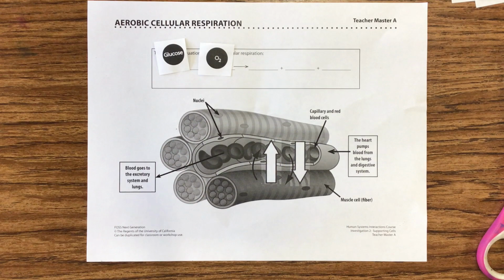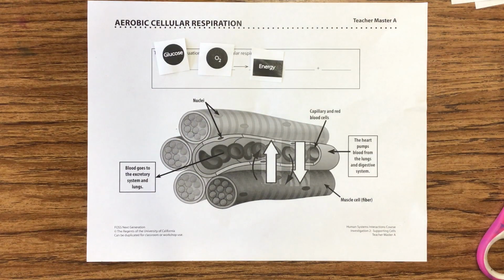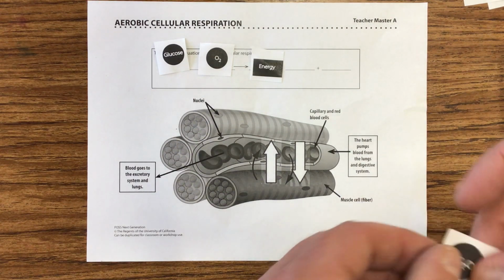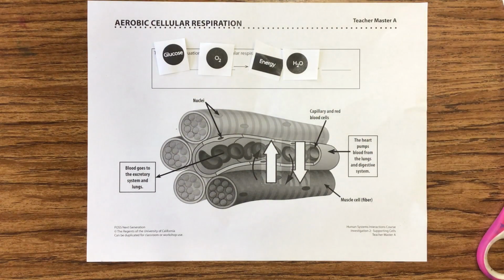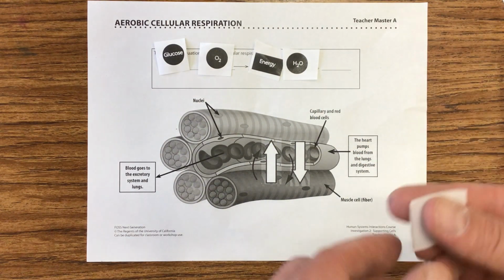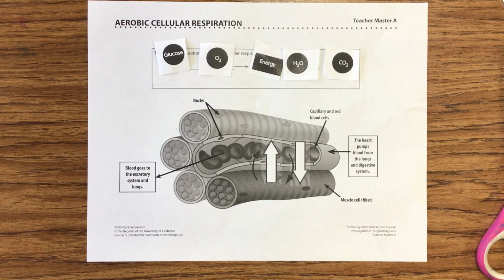And those will go together inside of each cell in a chemical reaction to produce energy. And then some waste products. There's going to be some waste water, and there's going to be some smoke from your cellular fire. There's going to be some waste carbon dioxide.